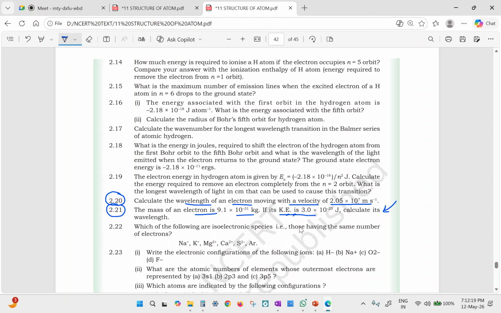Does this sound like that story? Or is it about de Broglie wavelength? Electron with so much mass, calculate its wavelength. Is it not that for an electron you are calculating the wavelength character of it? Are these two not related to de Broglie?